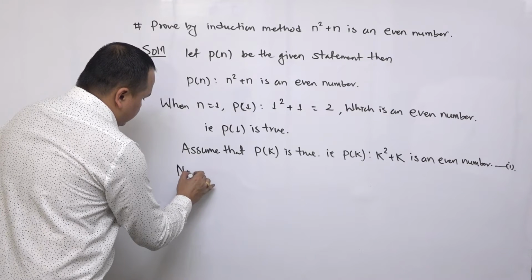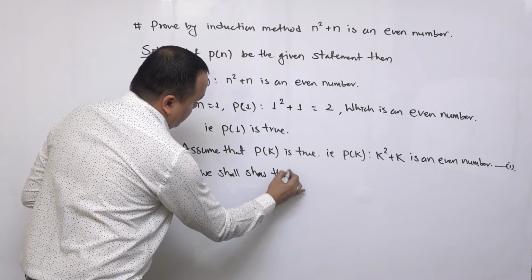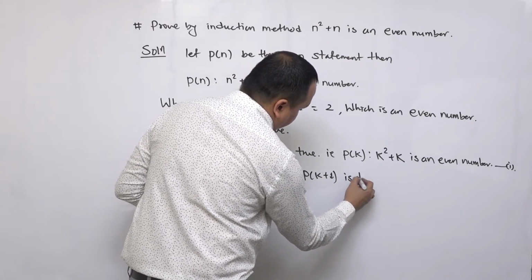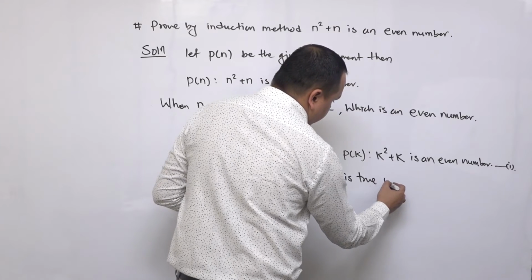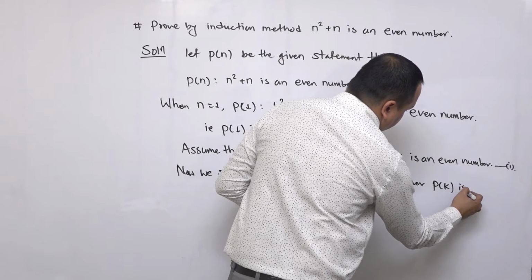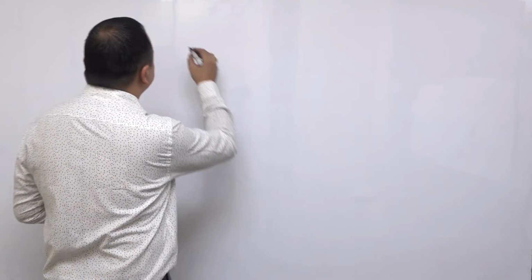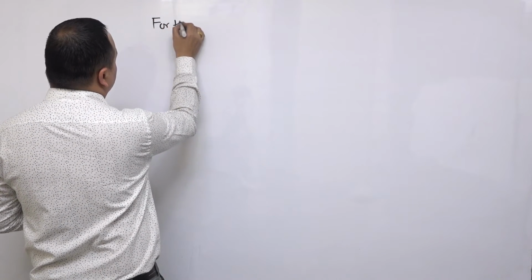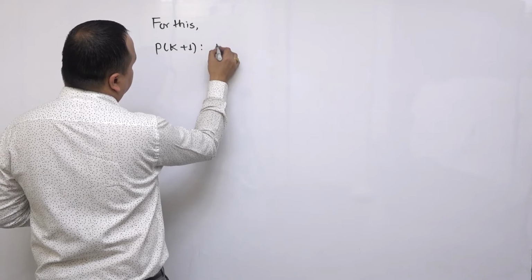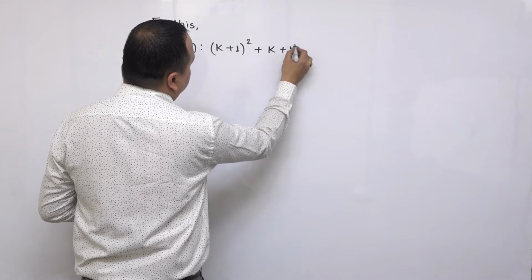Now we shall show that Pk plus 1 is true whenever Pk is true. For this, Pk plus 1: k plus 1 whole square plus k plus 1.